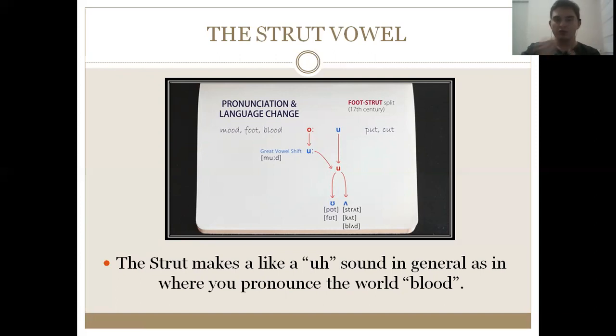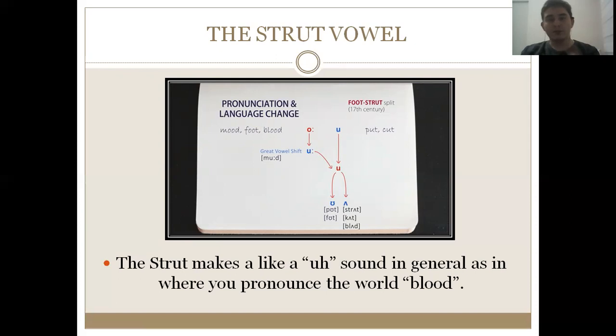These oo sounds split in a way where you would read "put" and "foot" in a different way, and you would read "strut", "cut", and "blood" in a different way. So this is why we have this kind of split that happened in the 17th century.